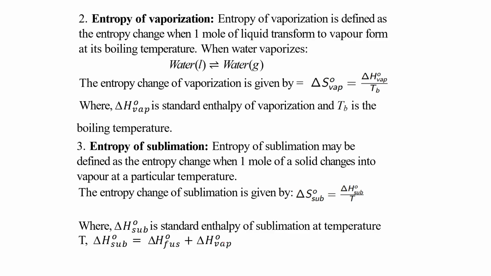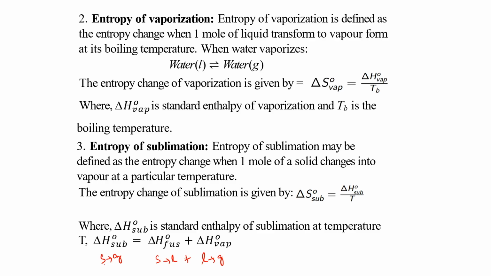You need to remember that, because H is additive here. It goes from solid to vapor directly, and it goes from solid to liquid, and liquid to vapor or gas. So, delta H for solid to gas is nothing but delta H for solid to liquid plus delta H for liquid to gas.